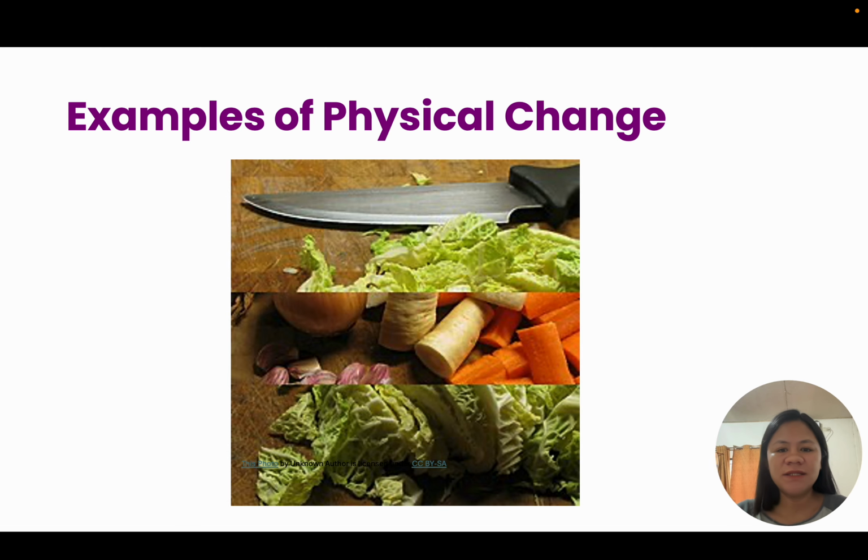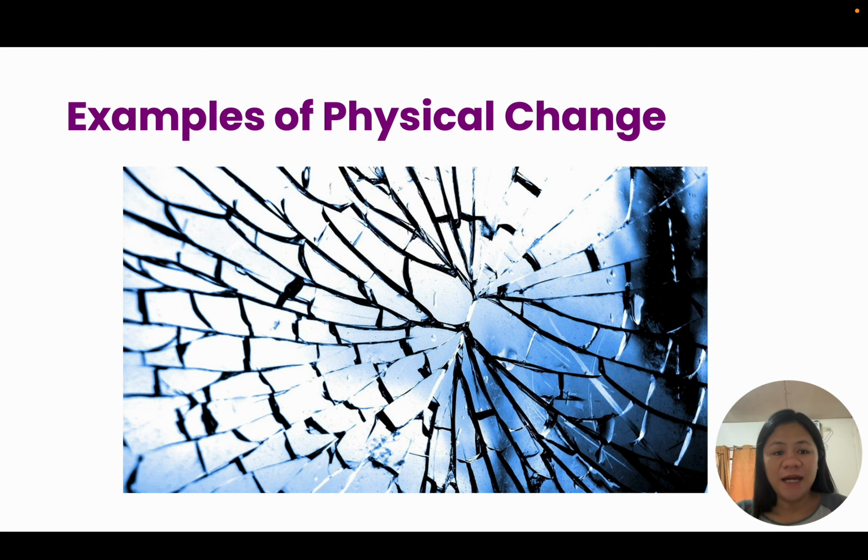And of course, uncooked vegetables and just cut vegetables are an example of a physical change. Shattered glass, too. Though we can say it will not be useful anymore since it is cut, take note, its composition is still the same, it's still glass.